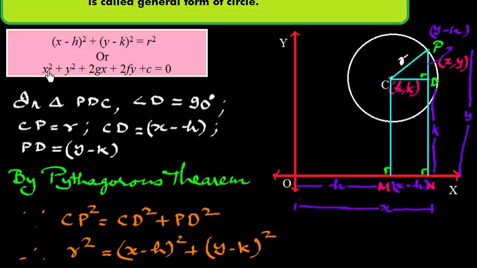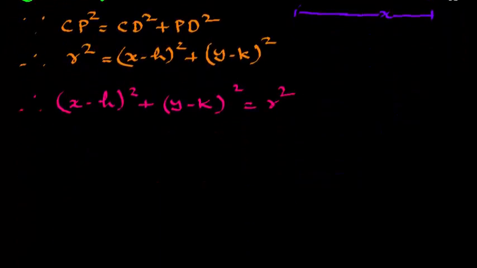Simplify this, we get this one: x square plus y square plus 2gx plus 2fy plus c is equal to 0. So I will explain this. Now I expand these two terms, x minus h whole square plus y minus k whole square, with the help of the identity.